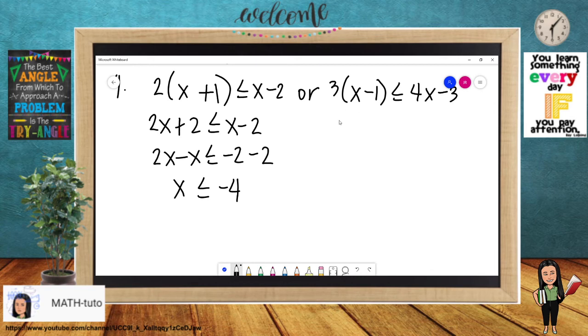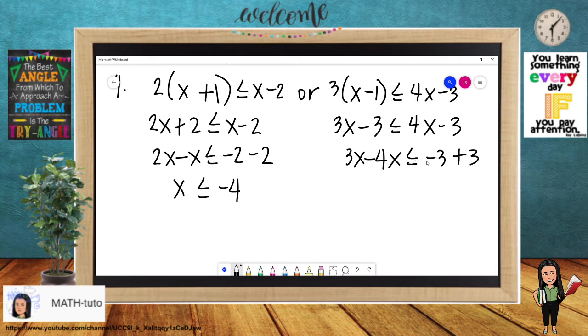On this other part of the compound inequality, we have 3x minus 3. I no longer rewrite it; I solved it right away. 3x minus 3 less than or equal to 4x minus 3. We have 3x minus 4x less than or equal to negative 3 plus 3. So, we have negative x less than or equal to 0.